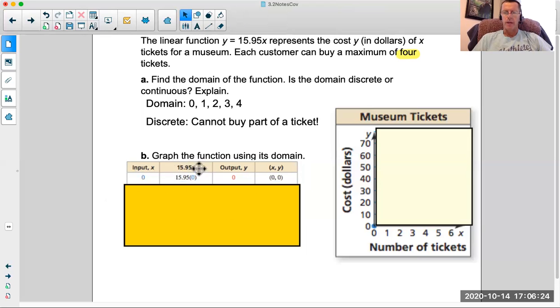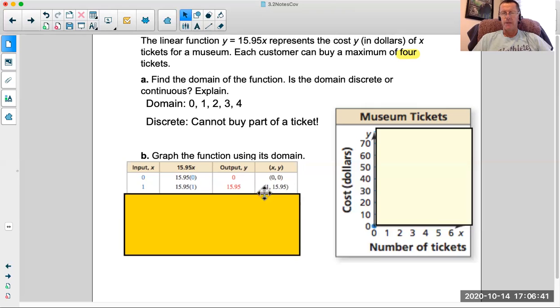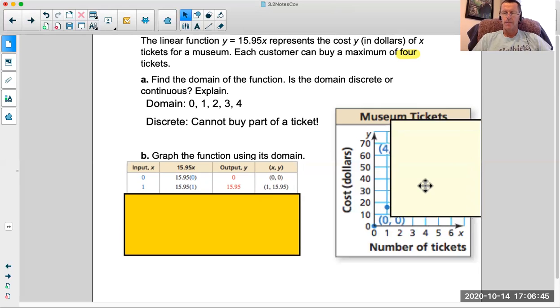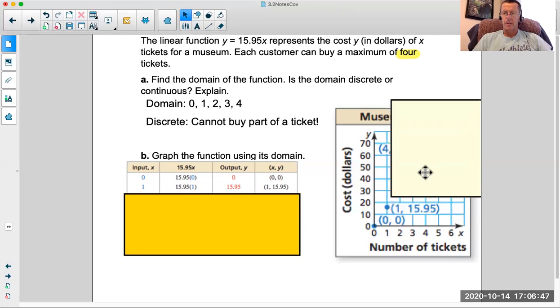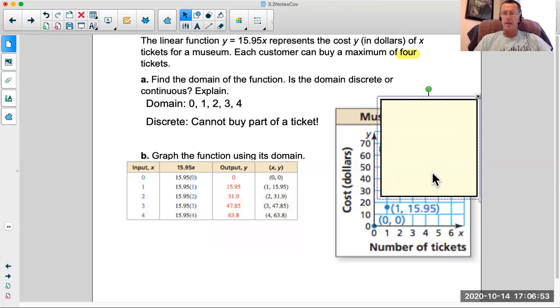If they input it into 15.95 times 0, what's spit out? 0. So our ordered pair would be 0, 0. So we'd have a point right there. Well, what would it be if we bought 1 ticket? It'd be $15.95. So we have a point at 1, $15.95, right? And you can fill in the rest. And what are you going to see?